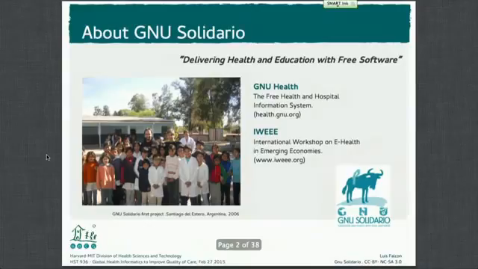GNUHealth started here. It started in 2006 at this public school in Santiago del Estero in Argentina. And we used to go around the countries and put computers with Debian GNU Linux.